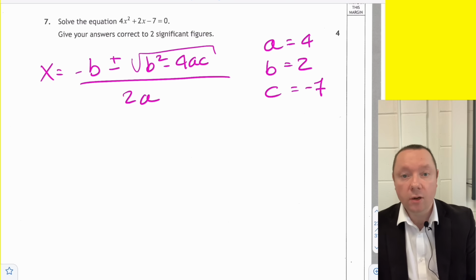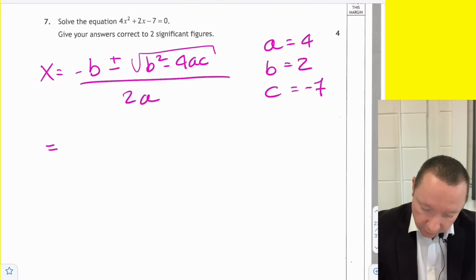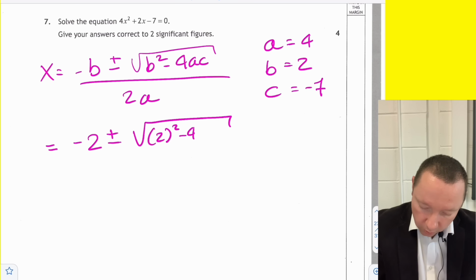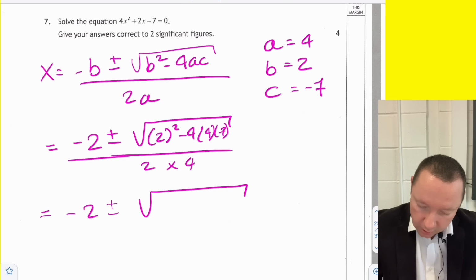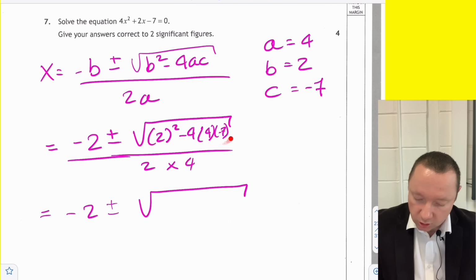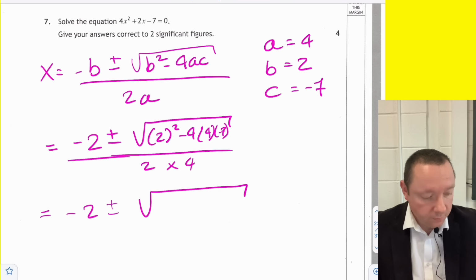So we just substitute everything in. So that gives us minus 2 plus or minus the square root of 2 squared minus 4 times minus 7 all over 2 times 4. Minus 2 plus or minus the square root of, so we can do a bit in brackets first, 2 squared minus 4 times minus 7.